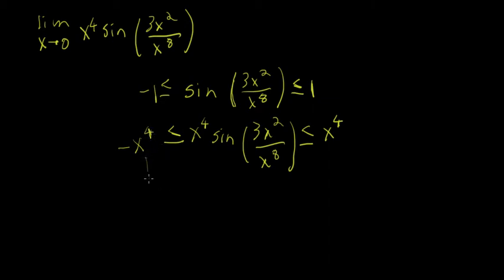Now let's consider the limits of these two outer functions here. So the limit as x tends to 0 of negative x to the fourth.